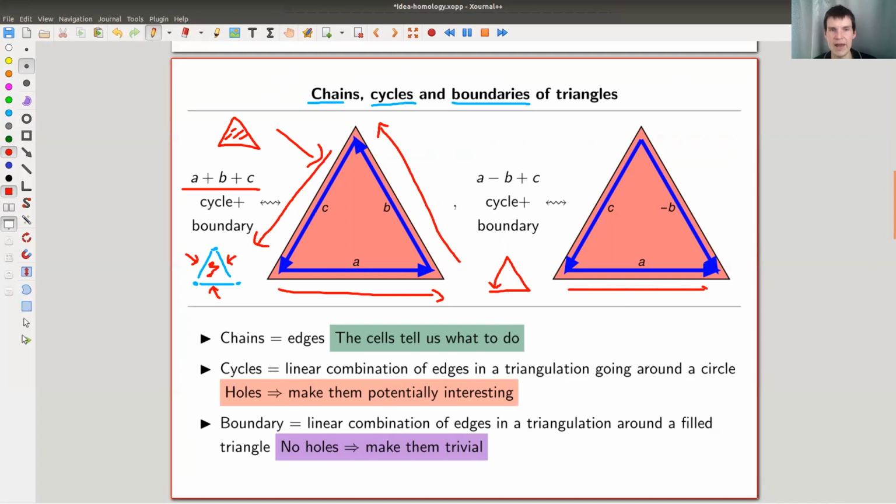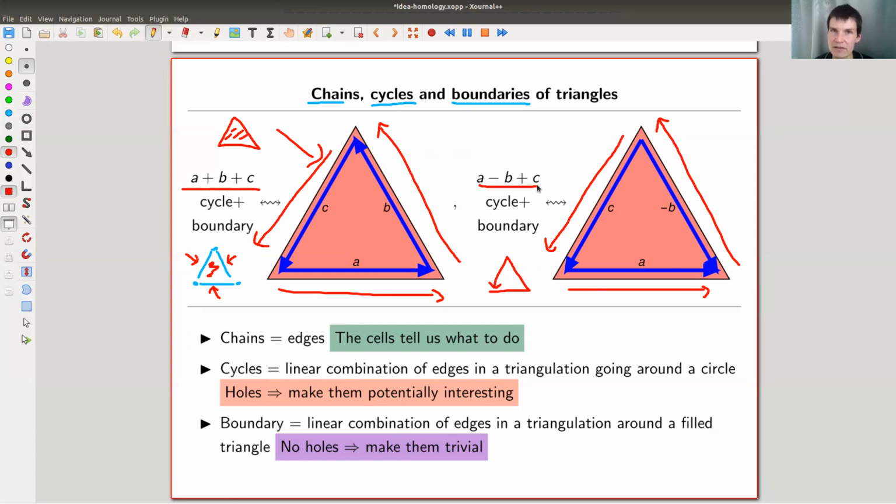For example, if I would go A and then I would go B in the opposite direction and I would go C, I would write down A minus B plus C. But for now, let's ignore the orientation. There's some orientation of the edges, but anyway, it doesn't really play a role. For the experts, if you like to work with Z mod 2 coefficients, it really doesn't play any role.